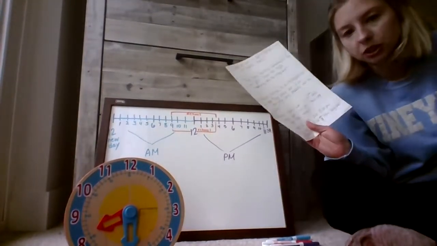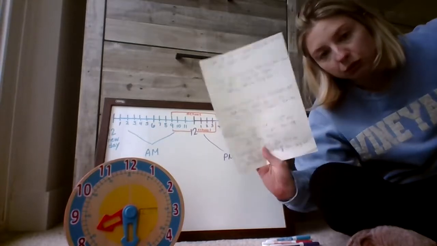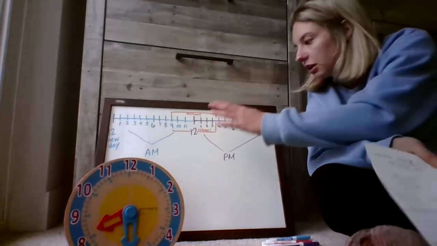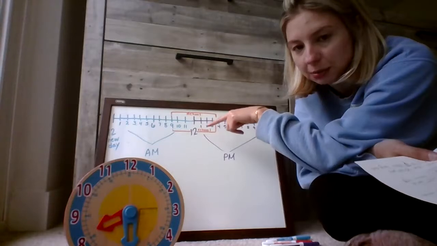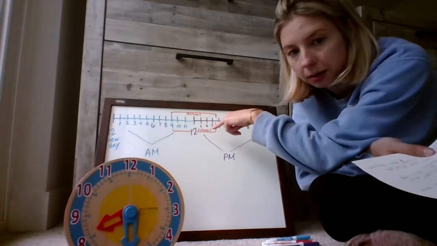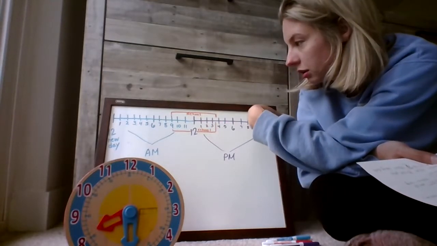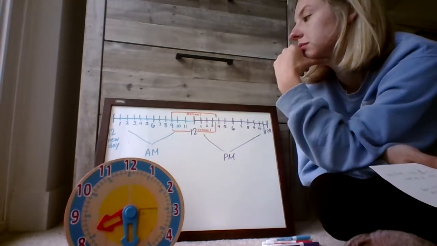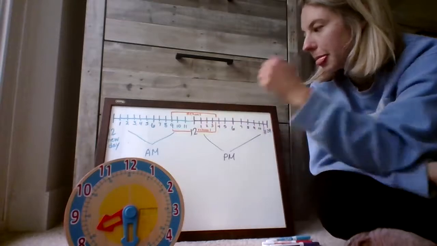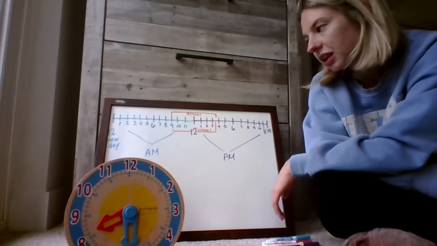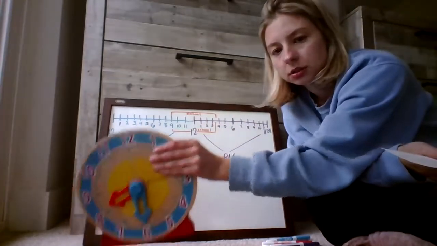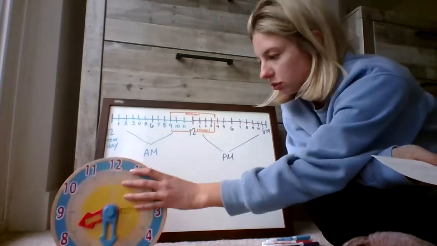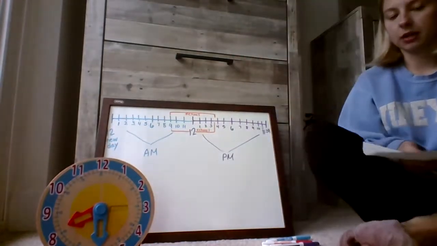So here's what we're going to be doing. We're going to be reading 5 word problems, figuring out how much time has passed using the line graph. It kind of looks like a number line, which it is, but it's for time. And using our clock. Oh, sorry, friends. So let's get started.